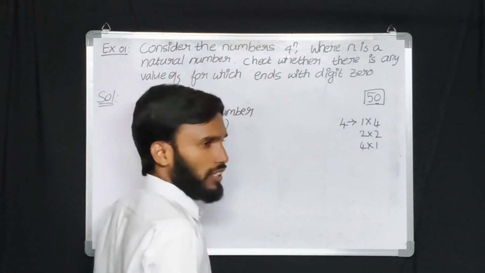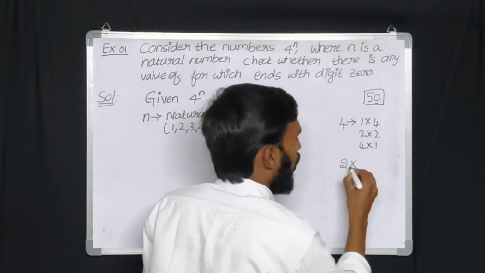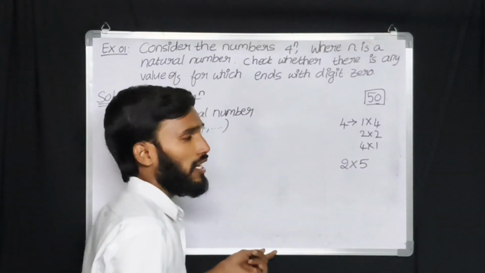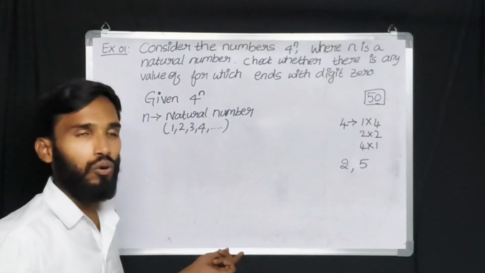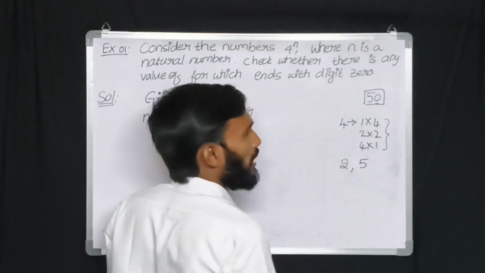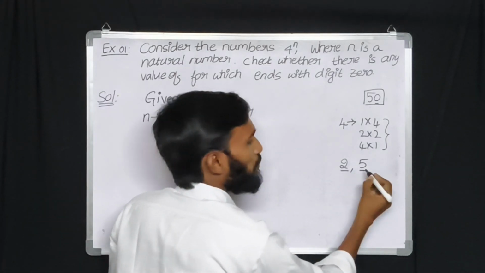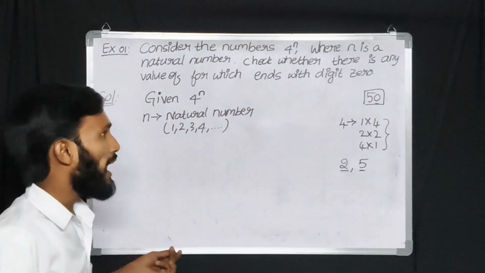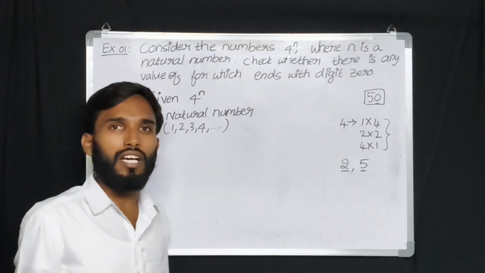Because to end with 0, we should have the factors 2 and 5. Then only will we be able to end the number with 0. The factors of 4 are 1, 2, 4. Here 2 is there but 5 is not there. So no value of 4n ends with 0.